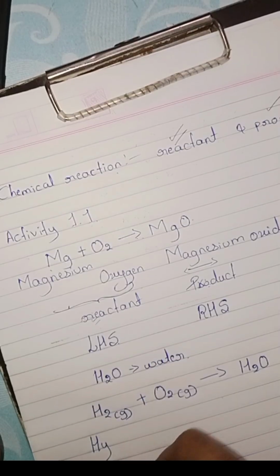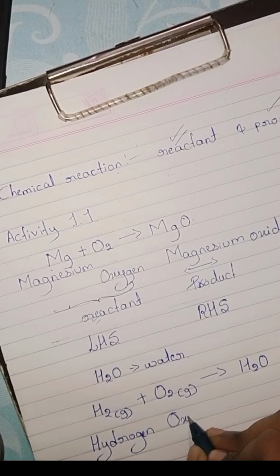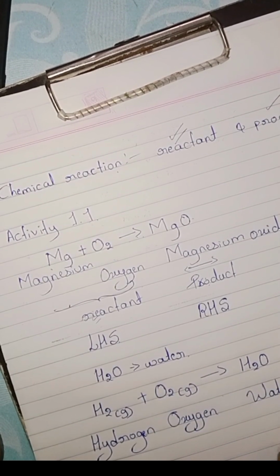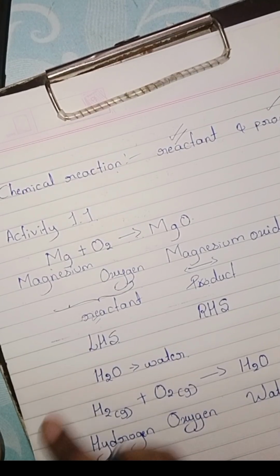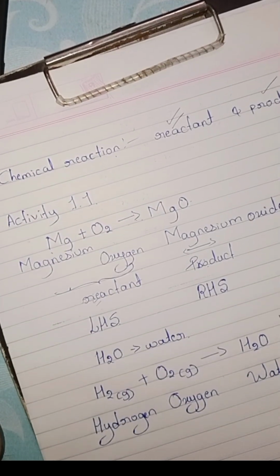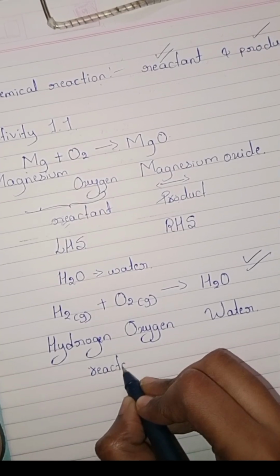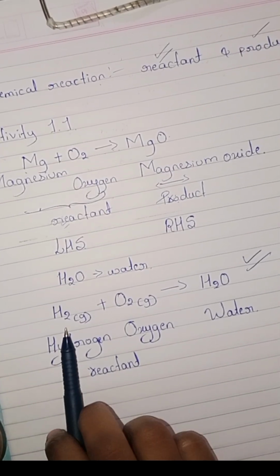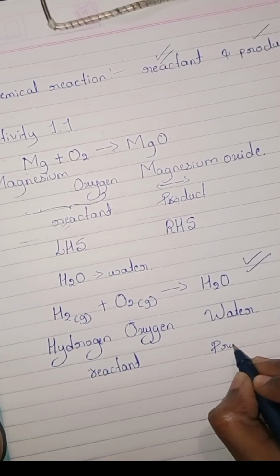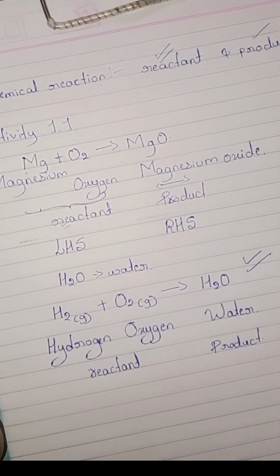Hydrogen, H2, reacts with oxygen to form water. So this is one chemical reaction which contains hydrogen and oxygen as reactants, and forms water as the product. So these are two examples.